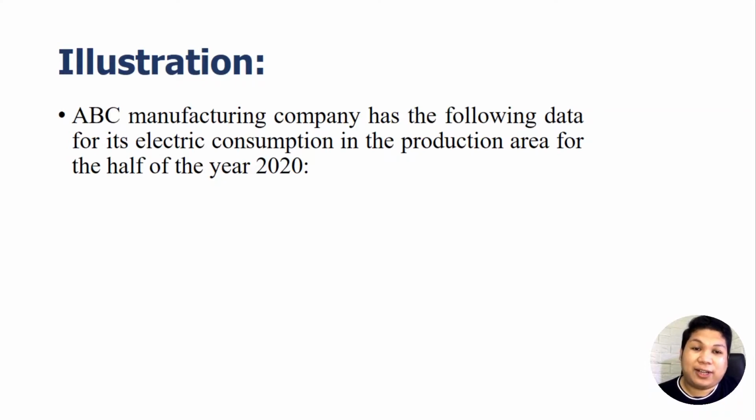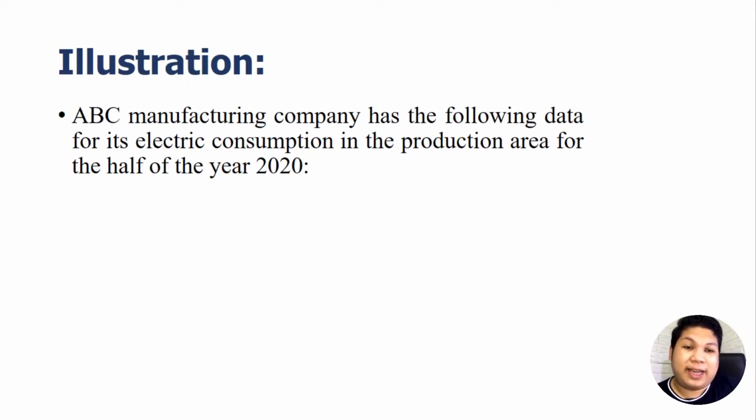ABC Manufacturing Company has the following data for its electric consumption in the production area for the first half of the year 2020. ABC Company is a manufacturing company, and perhaps it has a problem regarding electric consumption because maybe the cost of electricity is a mixed cost. It includes a variable component and also a fixed component.